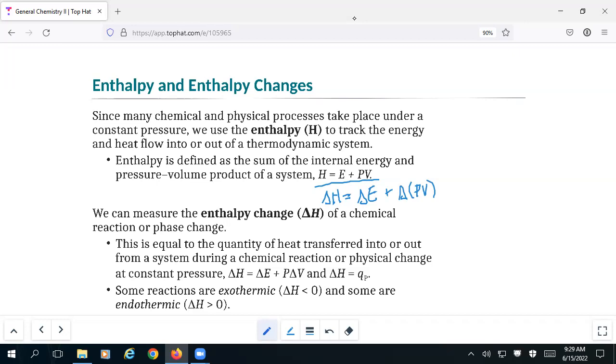Since most chemical reactions occur at a constant pressure, because they're usually conducted in the open atmosphere, we can actually pull this pressure term out of the change, and that will give us this equation here. Change in enthalpy is equal to the change in internal energy plus the pressure times the change in volume.